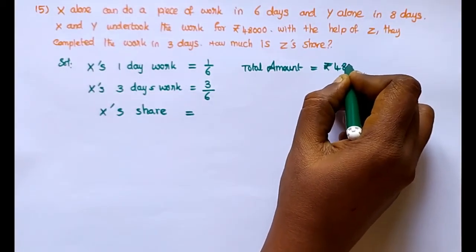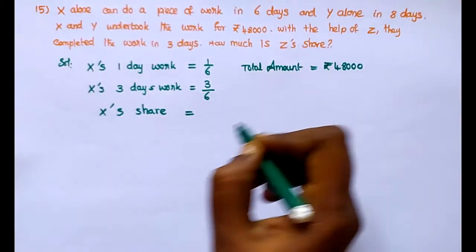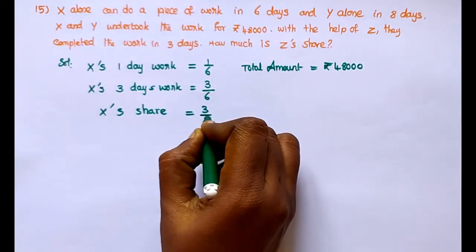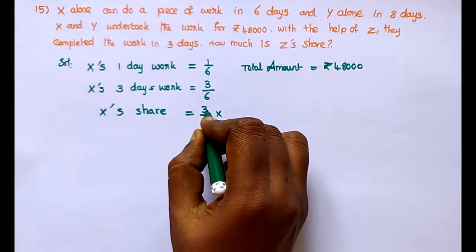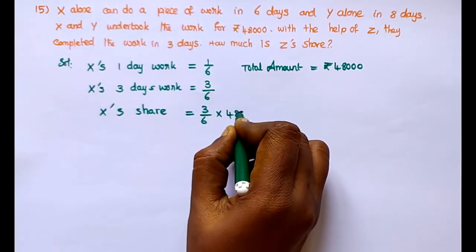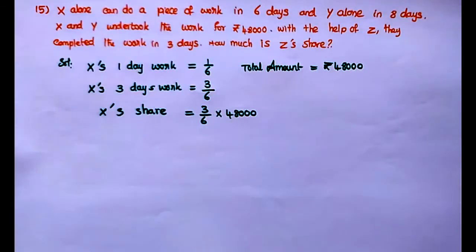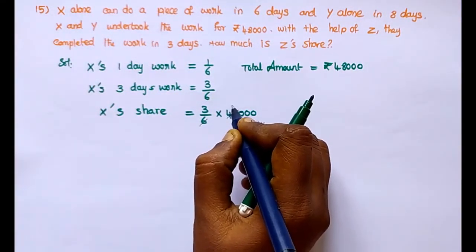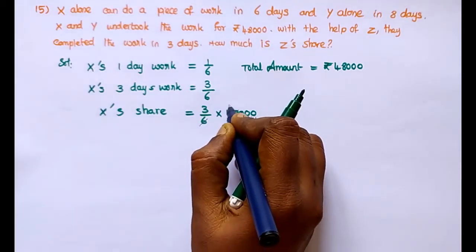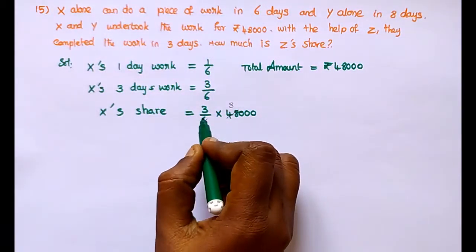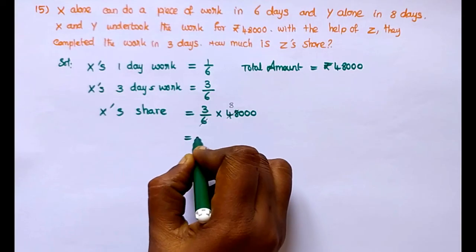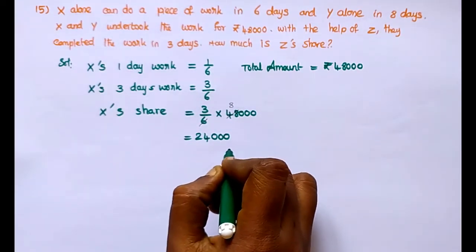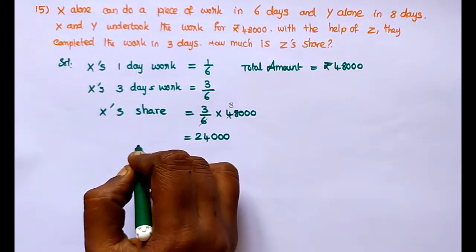Rupees 48,000. So from the 48,000, X's share is 3 by 6 into 48,000. Cancel this one. 6 8s are 48. So 3 8s are 24. Put the zeros, 24,000. That is X's share.